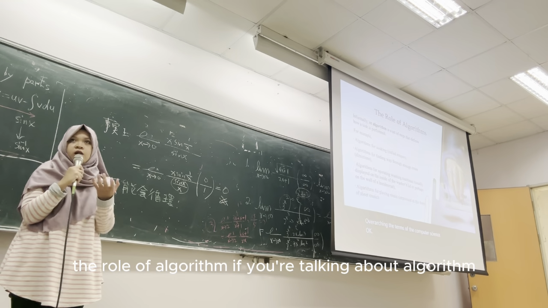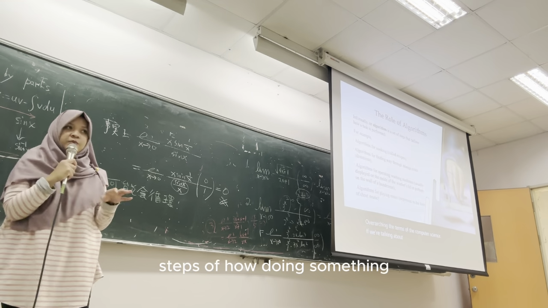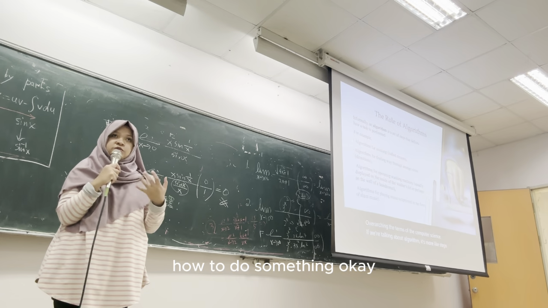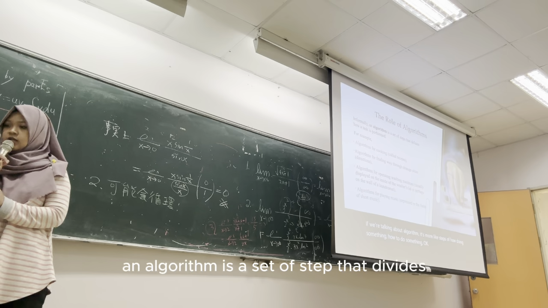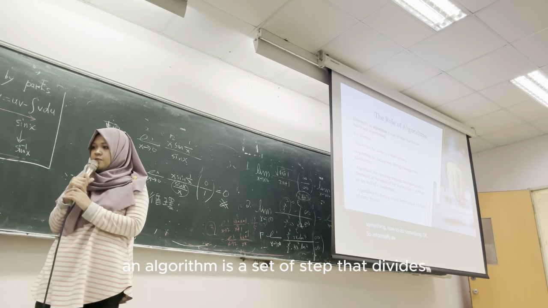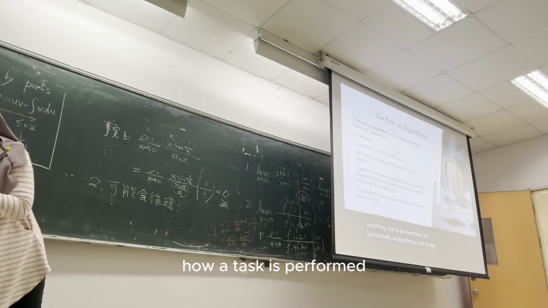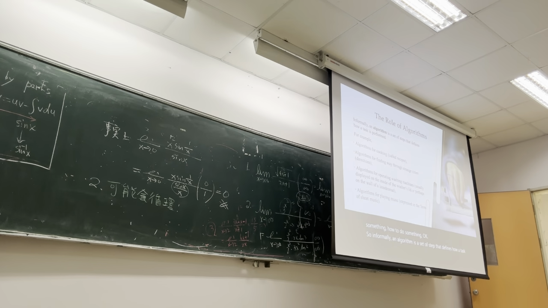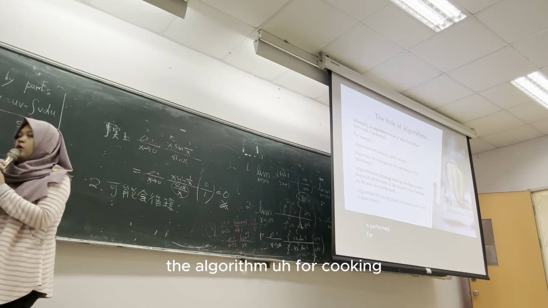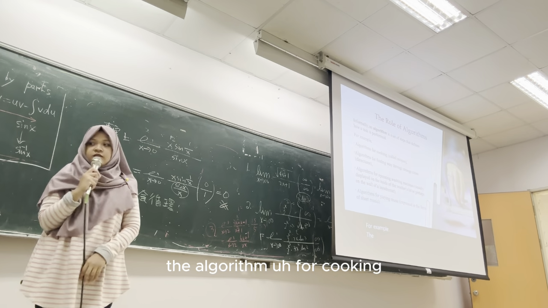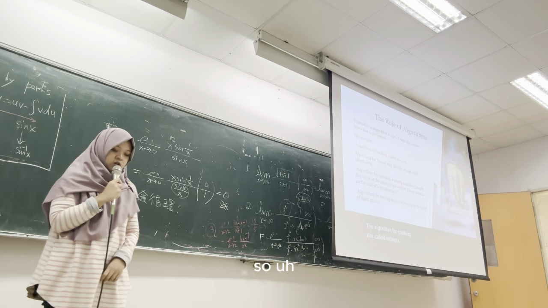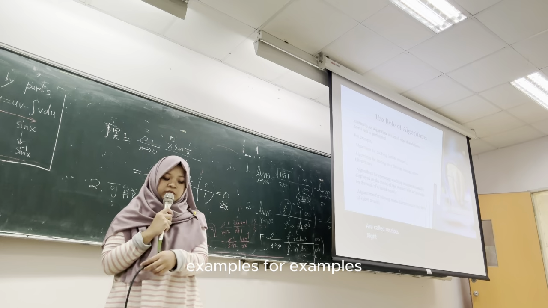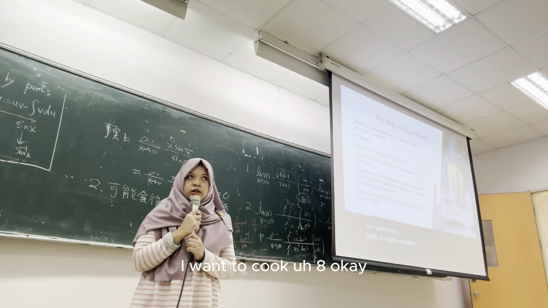If we're talking about algorithm, it's more like steps of how to do something. Informally, an algorithm is a set of steps that defines how a task is performed. For example, there are algorithms for cooking called recipes, right? Say I want to cook egg.